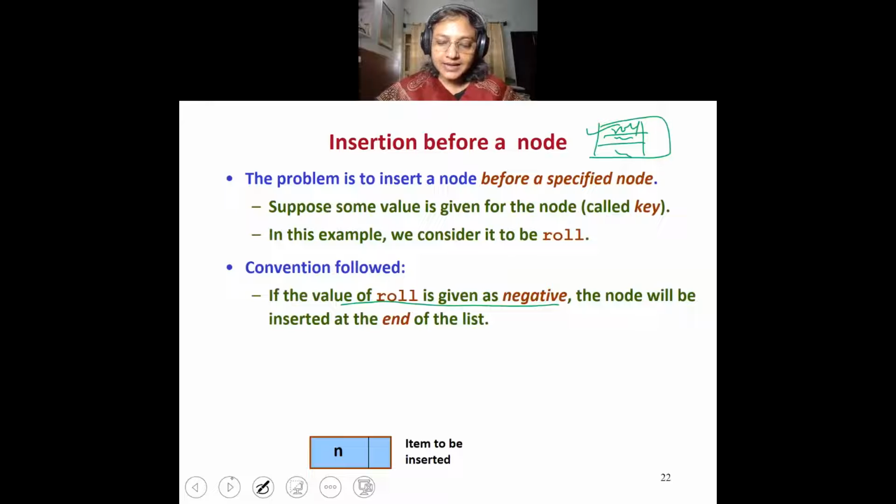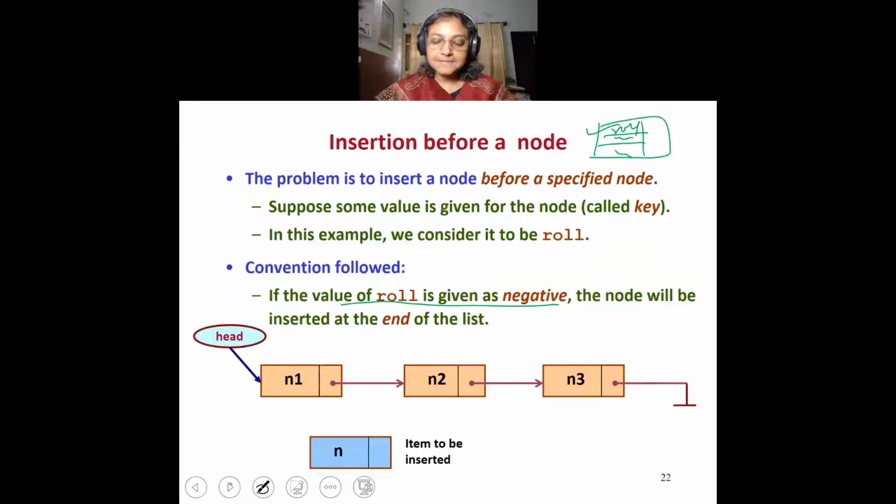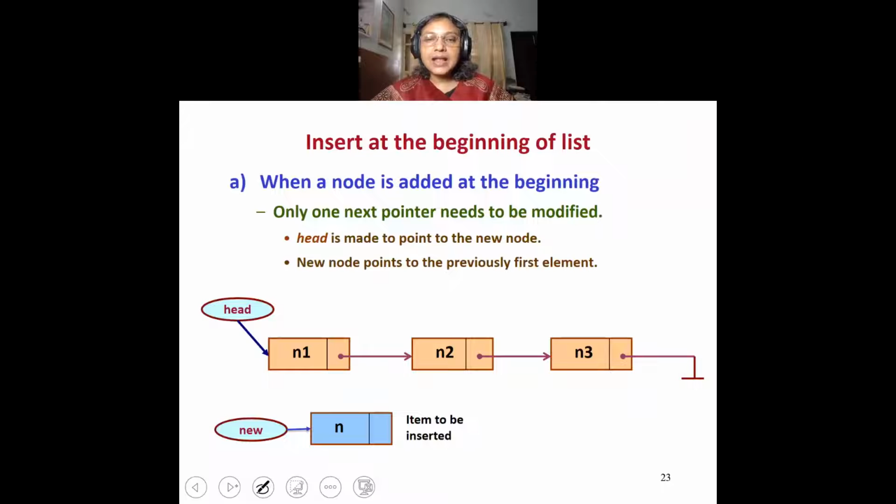Now, this is the item that we wish to insert, and suppose this is the list that we have. There are 3 cases. First, the node is added at the beginning. Suppose the first structure's roll number is the roll number that we are looking for, which means n has to be added at the beginning of the list.